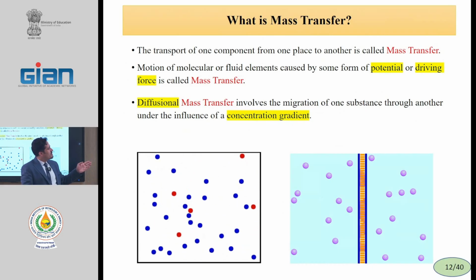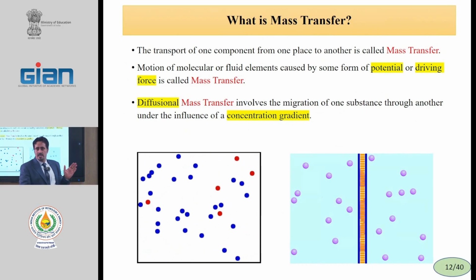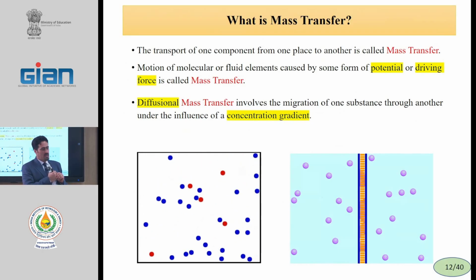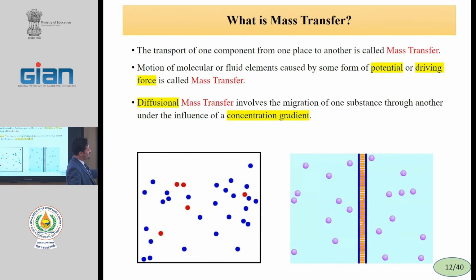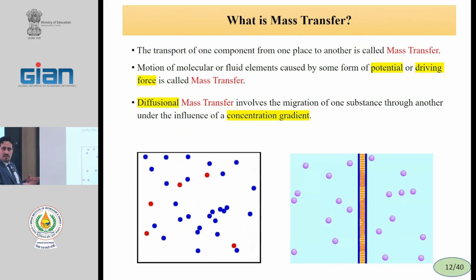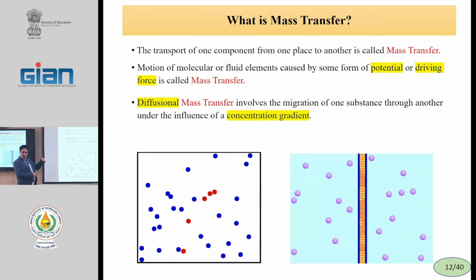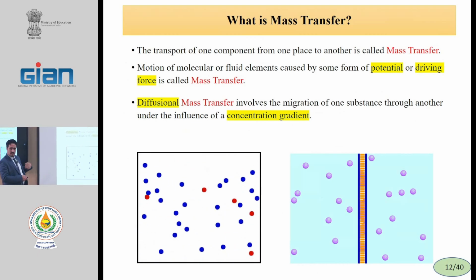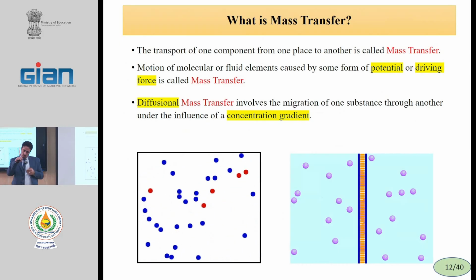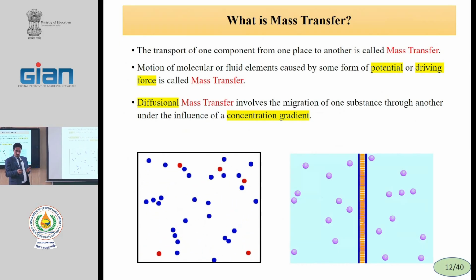In the membrane process, we have a vector for passing, unlike random mass transfer. In the membrane, we have transfer from left to right, and we have a vector, and for producing this vector we need a driving force.